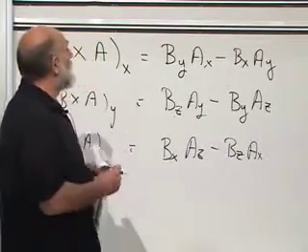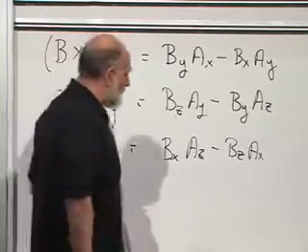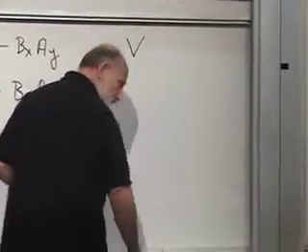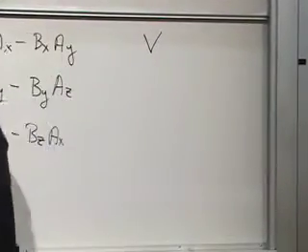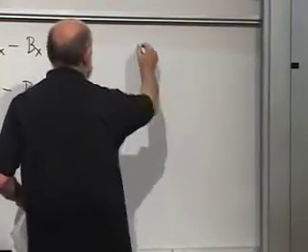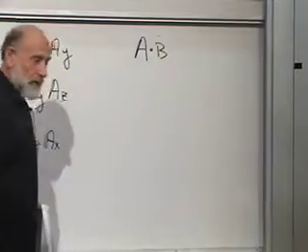Now, another way of multiplying two vectors together is the dot product. The dot product of two vectors, A dot B, is a scalar, and it only has one component.